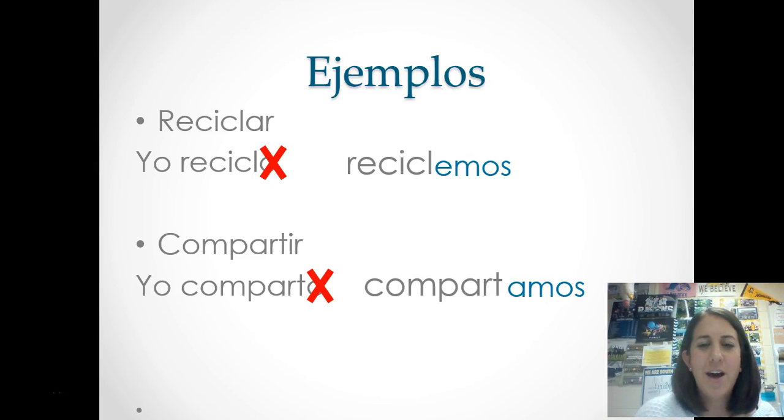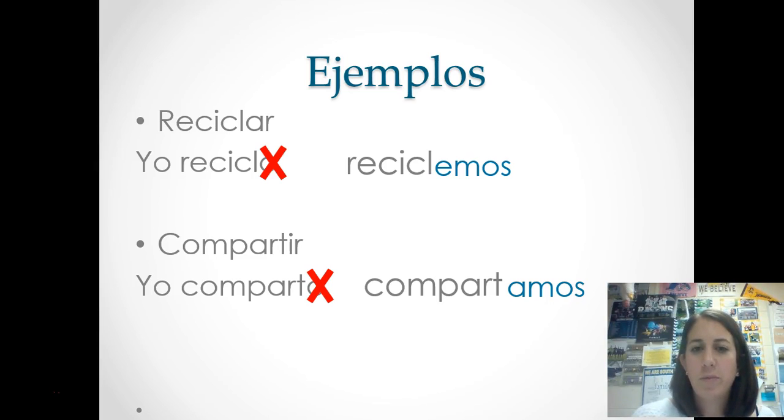Okay, there we go. Before we get to the practice, something that you're probably going to need to add to your notes is that one of the differences with our nosotros commands is that they don't follow all of the stem changer rules. So only IR verbs stem change, and there's only two types of stem changers, E to I and O to U. Okay.